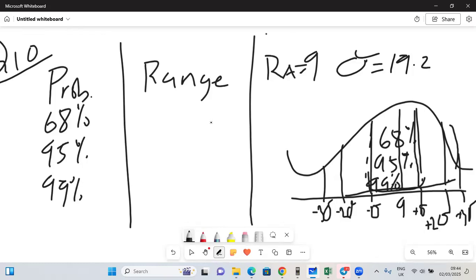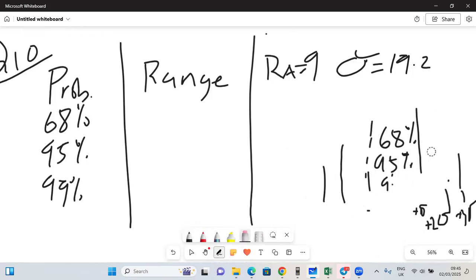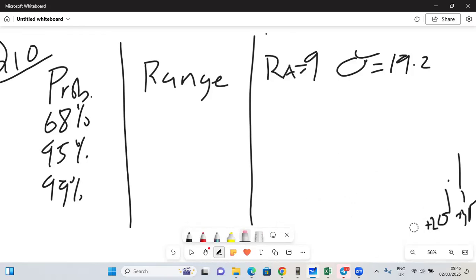So here is going to tell us the range. The same thing, that's the same application you're coming to use here. So at the probability of 68%, the return RA is either going to be plus or -1 standard deviation.